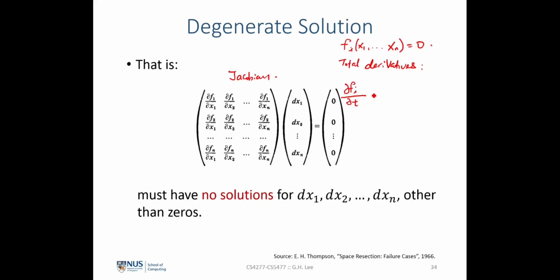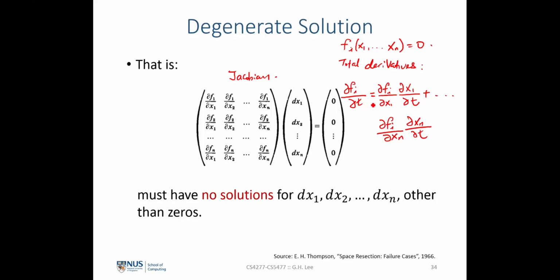And this would be equal to the partial derivative of fi over the first unknown variable in fi, multiplied by the partial derivative of x1 over t. This follows the chain rule, plus all the way until we differentiate fi with respect to xn, and xn divided by t.